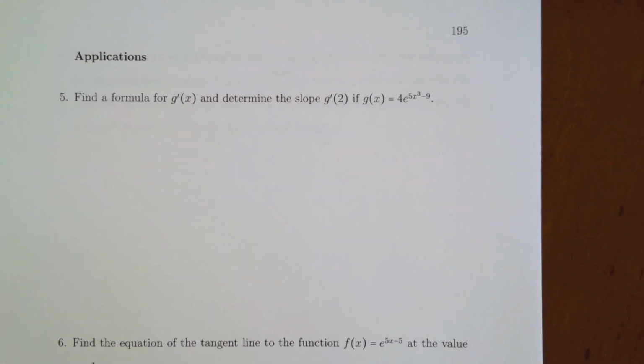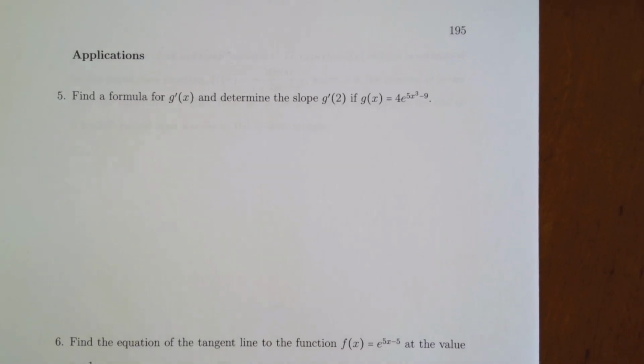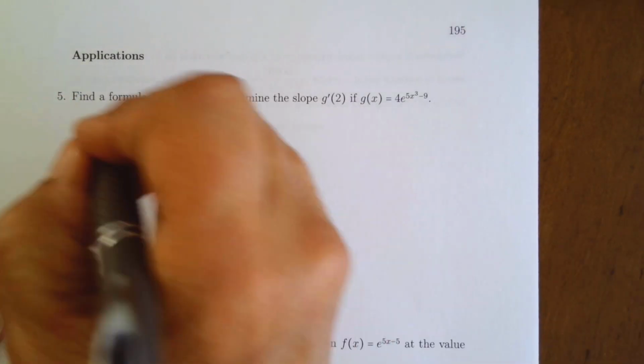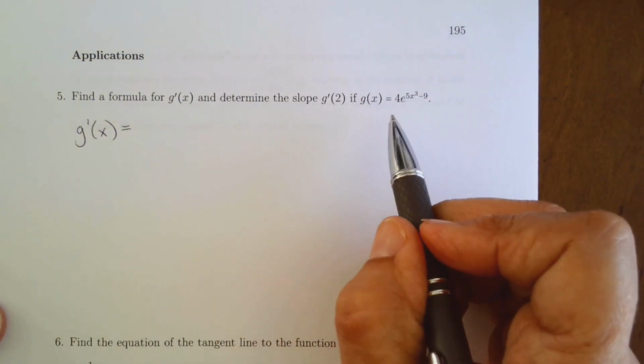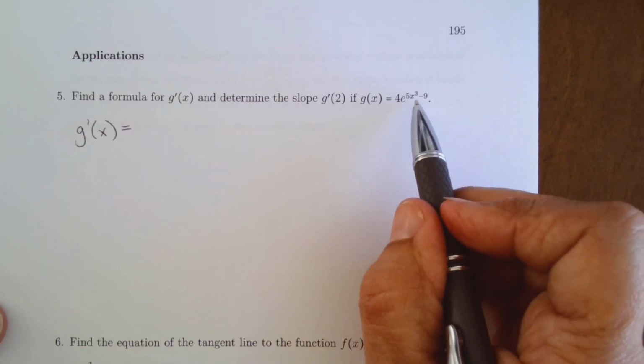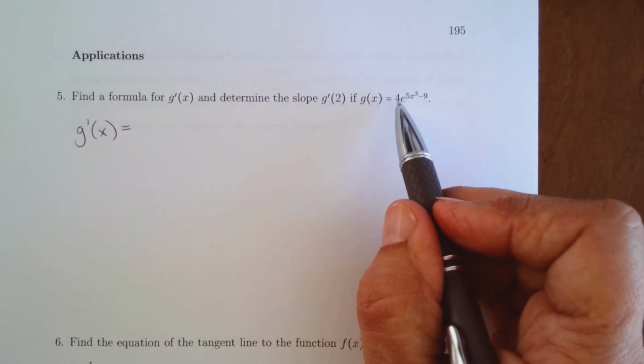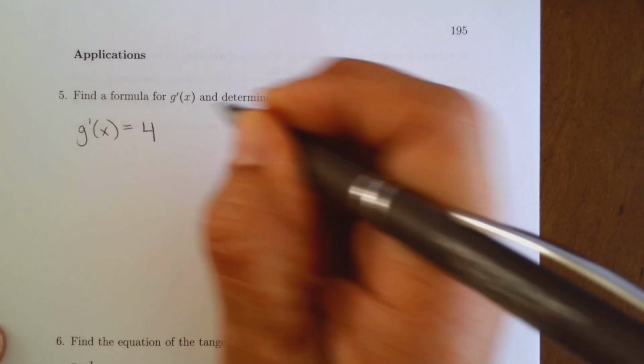All right. Now number 5 says find a formula for g prime of x and determine the slope at g prime of 2. So this is one you may or may not need to simplify because you have to plug 2 in and work it out, but we'll see what we get. First we're going to find the derivative. Again, this is 4 times e to the 5x cubed minus 9, so that's a constant, so we don't need to do the product rule.